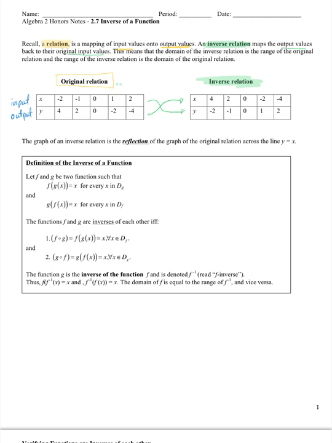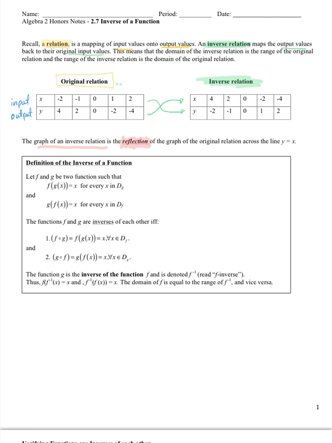Now, what is the graph of an inverse relation look like? Graph of the inverse relation. Well, if you were to plot these original points, you'd get one graph, and once you interchange the x and the y values and you plot those corresponding points, what you will notice is that you get the reflection of the original.